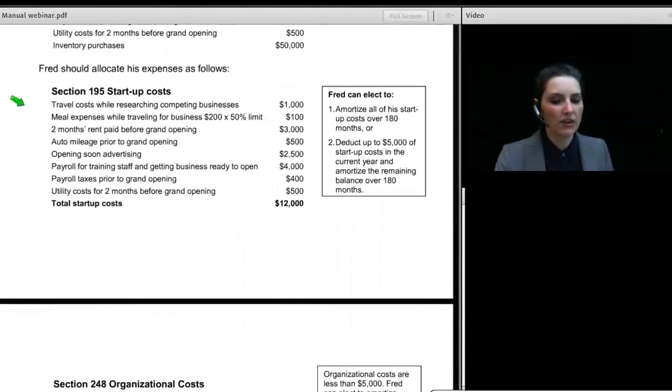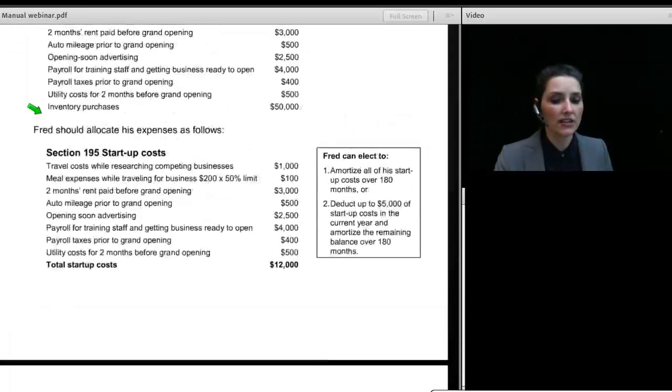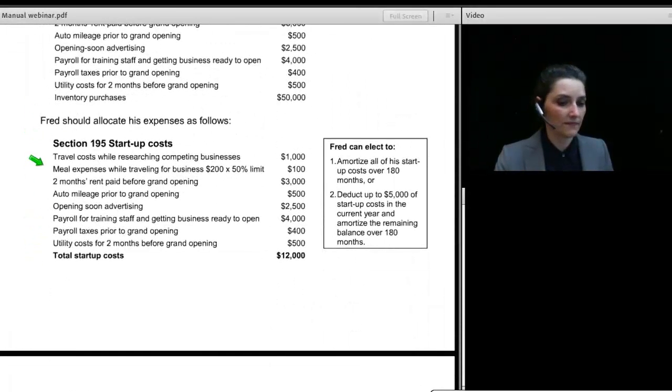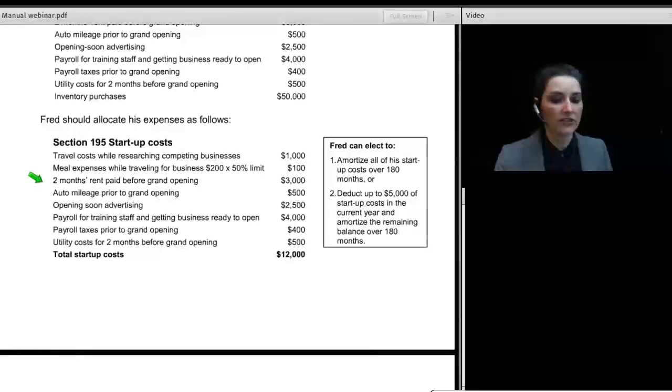Well, under the startup cost category, which is Section 195, he will make an entry on Form 4562 in Part 6. But he's also able to claim a deduction of up to $5,000 of startup if he wishes. So the Section 195 startup costs include travel costs of $1,000, the meal expense of $100, because he's only allowed half the meal, right?